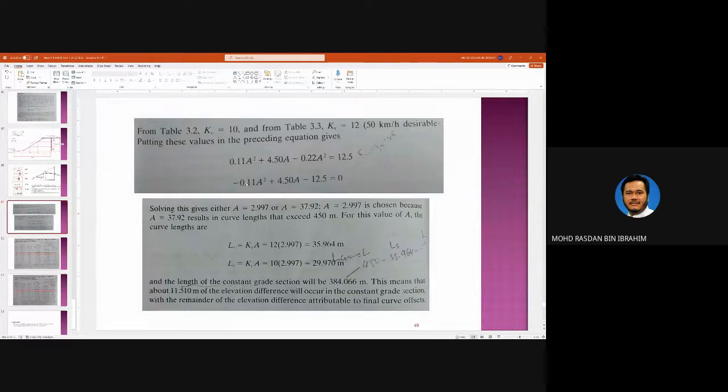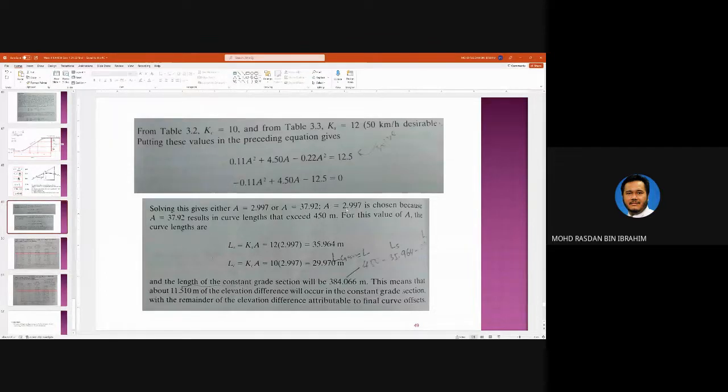It becomes a parabolic equation. So you factor this, try to get the value of A. You get the A value for LS is 2.997 or 37.92, because of the quadratic solution.